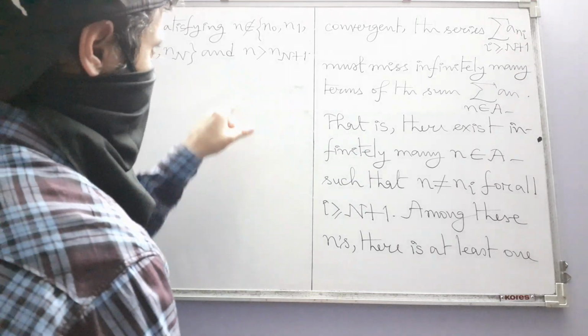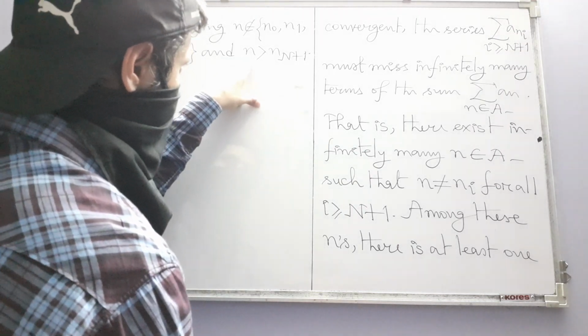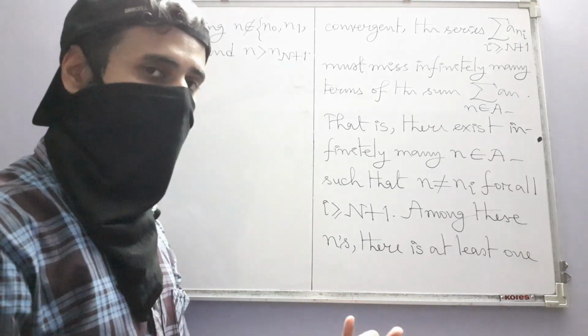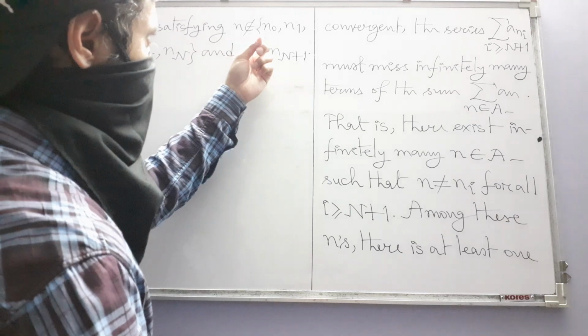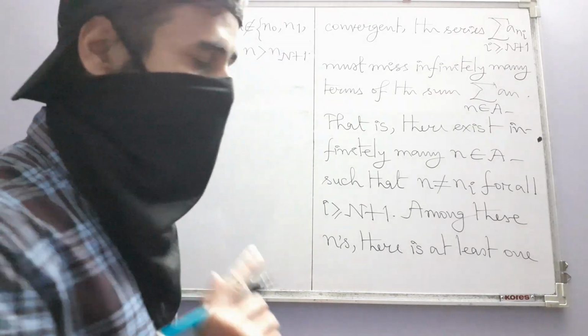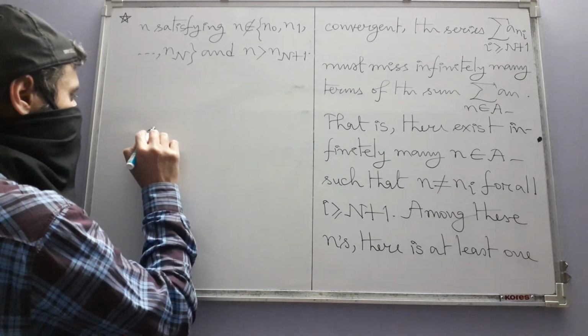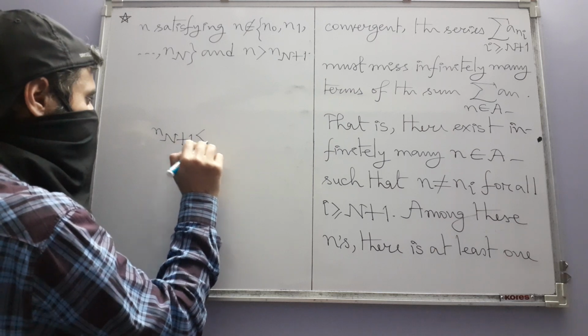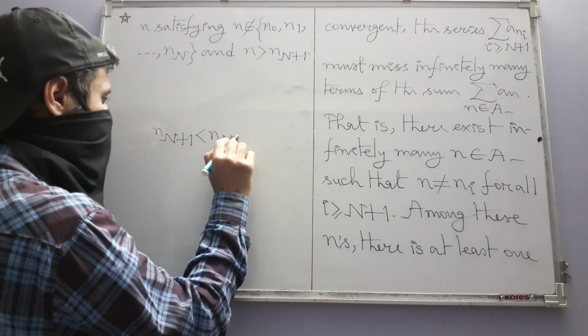Note one thing carefully: just simply assuming that n is greater than n plus 1 does not automatically tell you that n is also not equal to these other n's, because we have only proved that this sequence is strictly increasing.